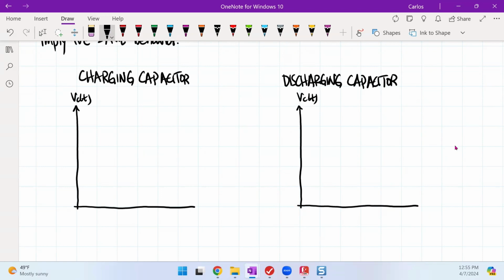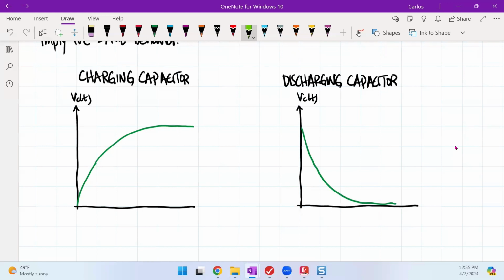What we want to show is that if I have exponential behavior, it's going to look something like this for the charging, but then I'm going to have decaying like this on this axis.